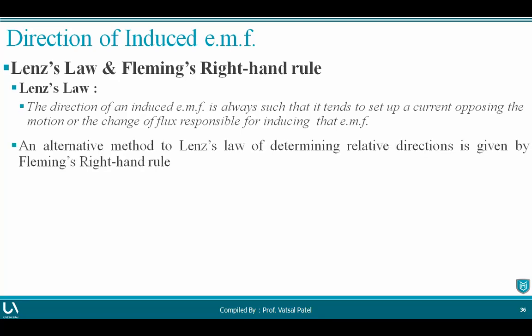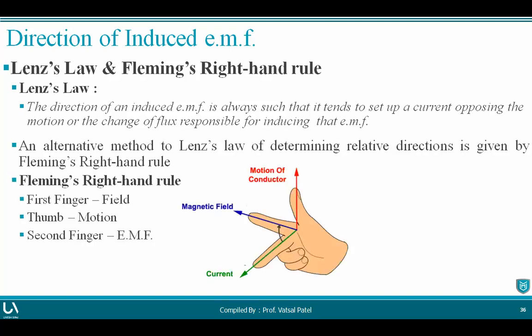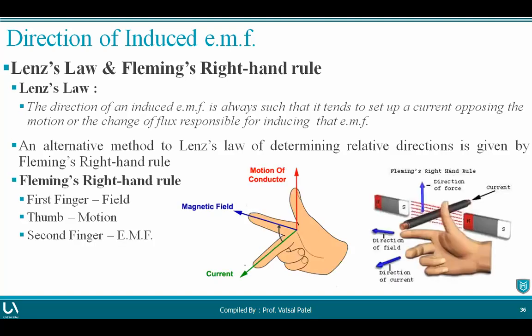There is also an alternative method, Fleming's right-hand rule. This diagram indicates Fleming's right-hand rule. When you put a conductor in the magnetic field and the conductor is moving, you can identify the direction of the magnetic field and the direction of motion of the conductor, and from that you identify the direction of the current. That is indicated here by Fleming's right-hand rule.